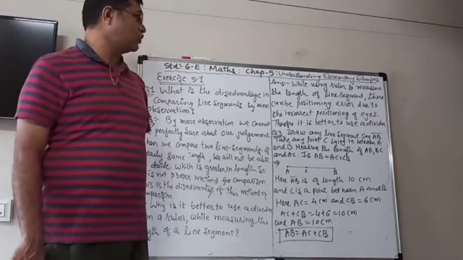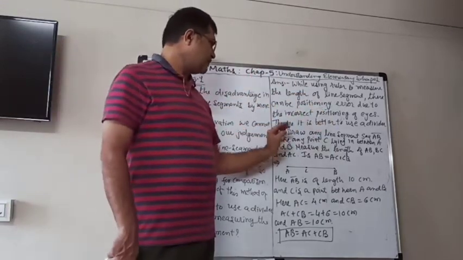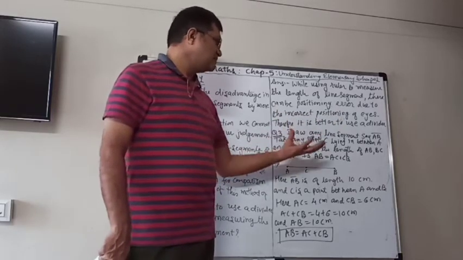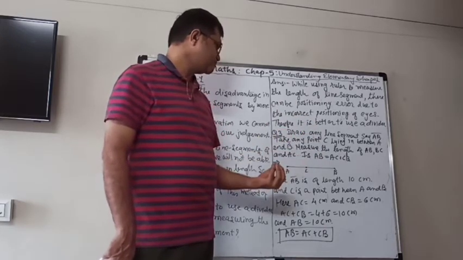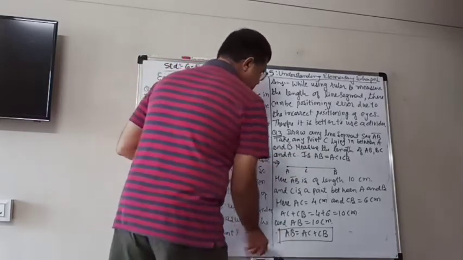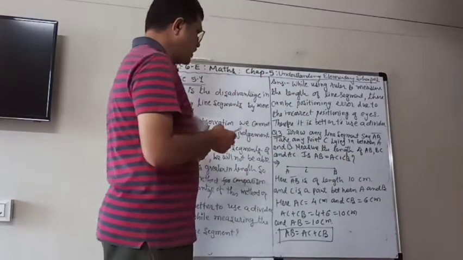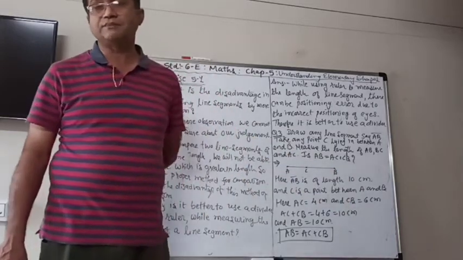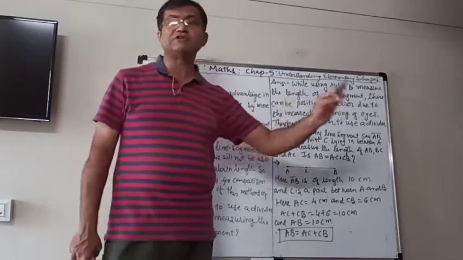Question number 3 is that draw a line segment, say line segment AB. Take any point C lying in between A and B. Measure the lengths of AB, BC and AC and verify if AB is equal to AC plus CB. That we have to check. So now what we have to do? We have to draw a line segment AB and then put a point C in between somewhere.